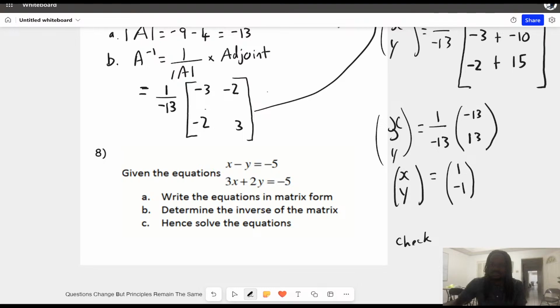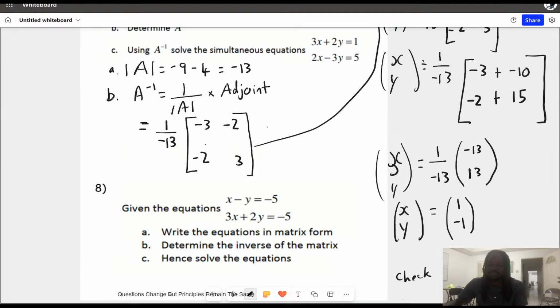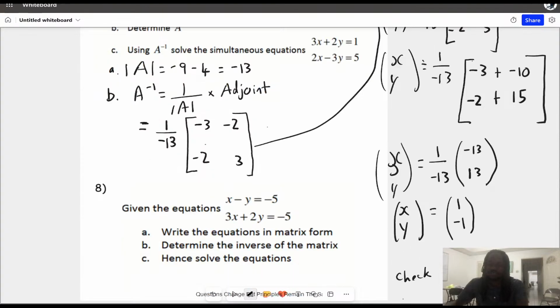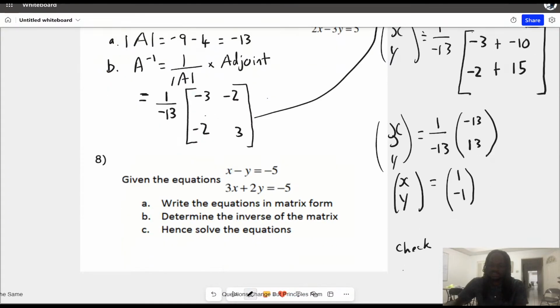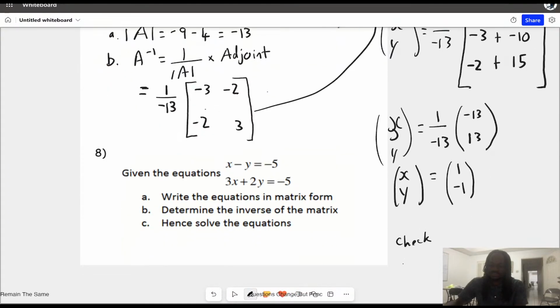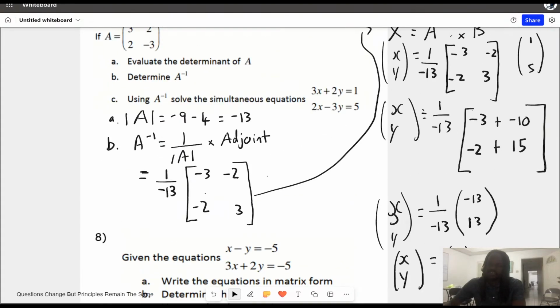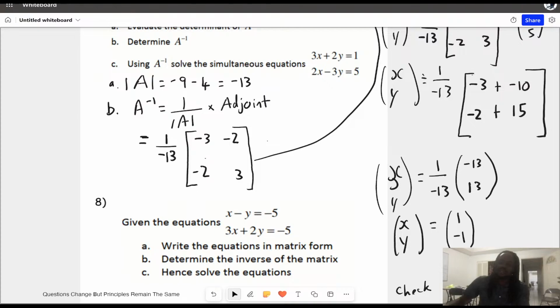So if X is 1 and Y is negative 1, 3X is going to give me 3. Then plus negative 2, that's going to give me 1. So 3 plus negative 2 gives me 1. Now 2x minus 3y. 2 times x, so 2 times 1, that gives me 2.